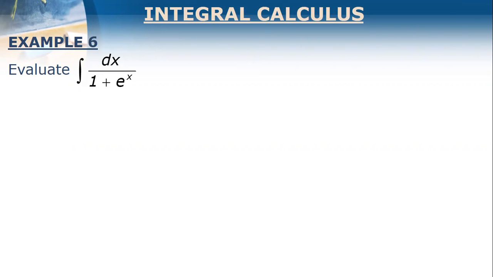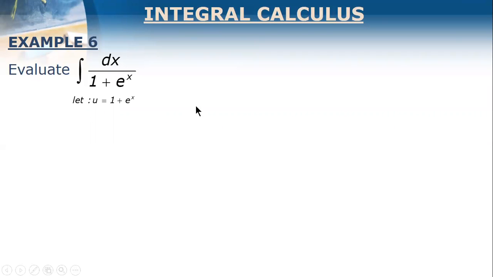So the next one is this. Evaluate the integral of dx over 1 plus e raised to x. In order to simplify this one, you may want to replace the denominator by u. That's the normal step that you will take.